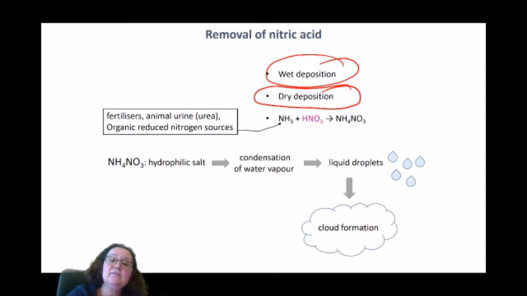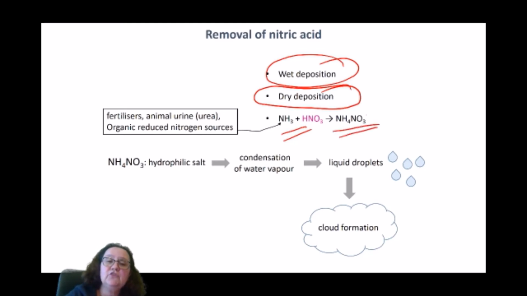Additionally, it can sometimes react with ammonia in the atmosphere. Where can you get the ammonia from in the atmosphere? Well, typically it would come from animal sources or agricultural sources, animal urine, or fertilizers which are rich in ammonia. And it reacts with nitric acid to form ammonium nitrate.